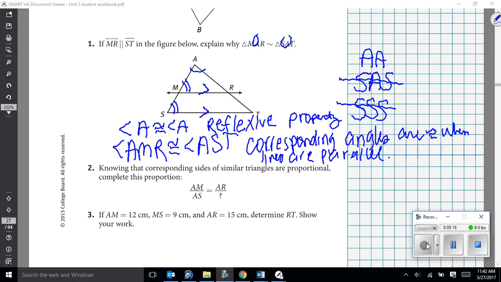All right, so since we have that, which of our similarity criteria can we use? Angle, angle. So these two triangles are similar by angle, angle similarity.